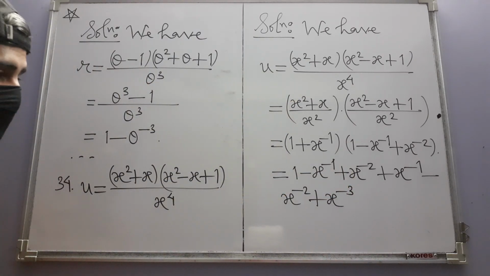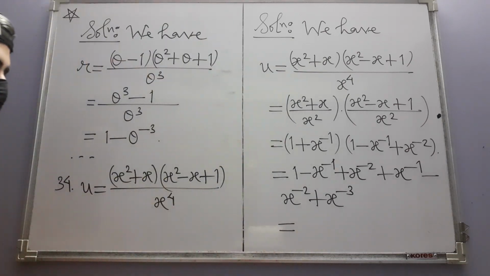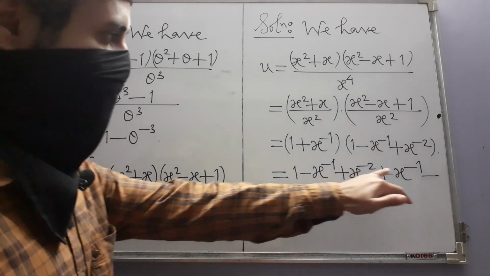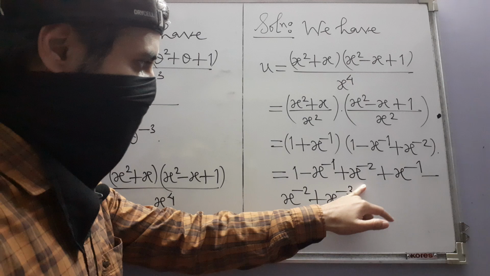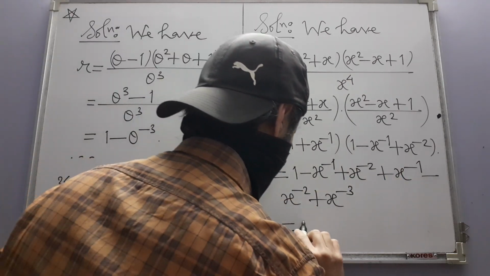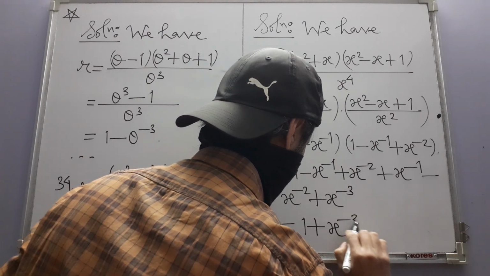Okay, yes. Multiplying this has been actually beneficial, because these two terms vanish. x to the power minus 2 minus x to the power minus 2, they also vanish, and you get 1 plus x to the power minus 3.